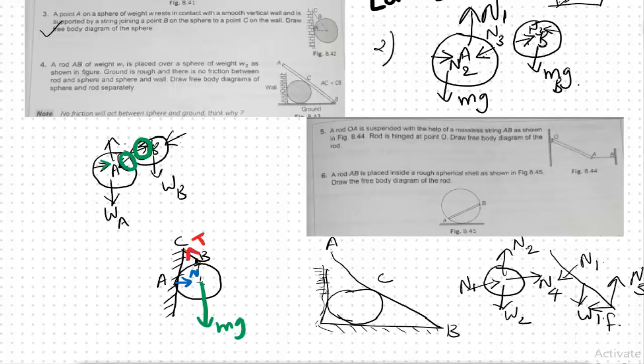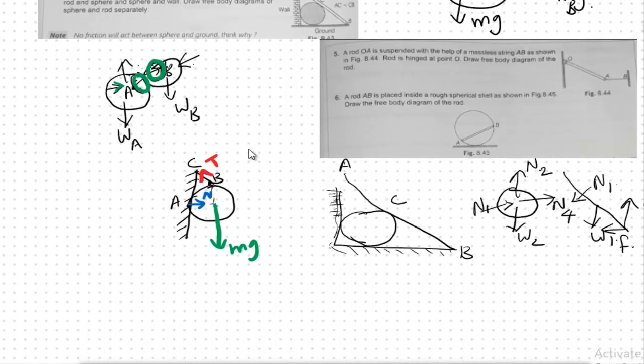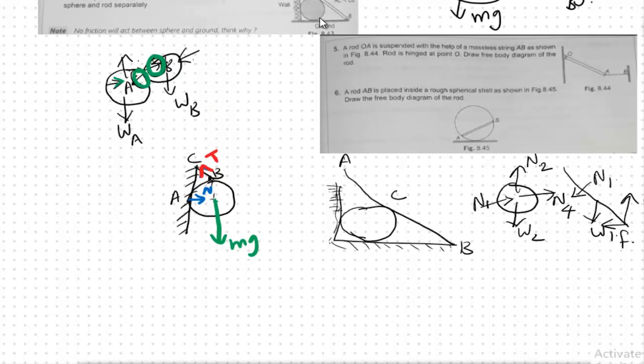Okay, for this sphere, I'm going to tell you once more which forces will be acting on it. First, I am going to consider the sphere. For the sphere, mg will be acting like this, and the wall will be giving a force to the sphere like this.